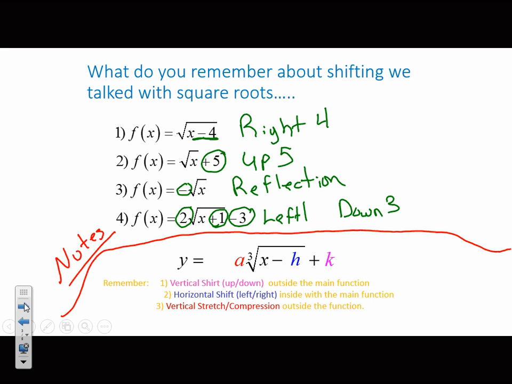The number in front of our cube root is going to either stretch or compress. So it's going to make it either skinnier or fatter. And then last but not least, that negative is going to be a reflection. It's going to make our graph look the opposite way. So make sure you get this little section in your notes, okay, where we're getting everything from.